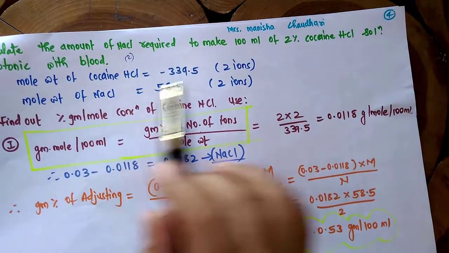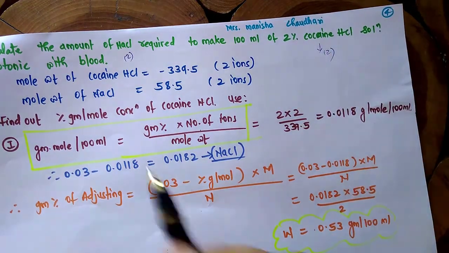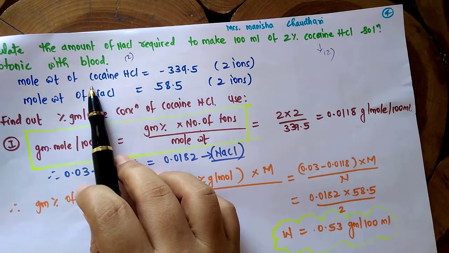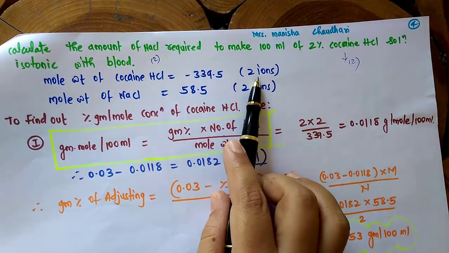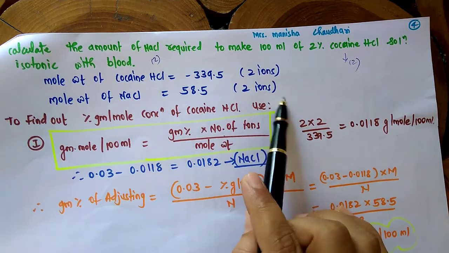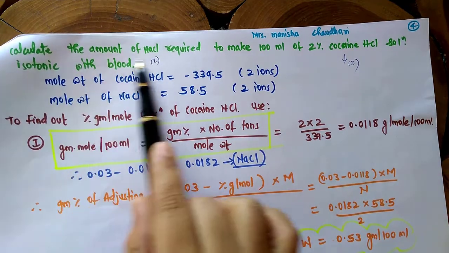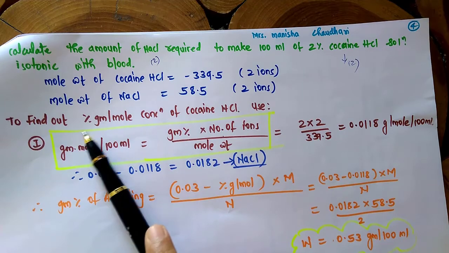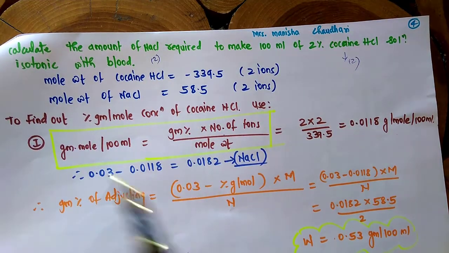So cocaine hydrochloride, this will also dissociate into 2 ions. The molecular weights are given: the molecular weight of cocaine hydrochloride is 339.5 which dissociates into 2 ions, and NaCl is 58.5 which again also dissociates into 2 ions. Here you are supposed to find out for NaCl. So to find out the concentration of cocaine hydrochloride, before going to NaCl, we are supposed to find out for cocaine.